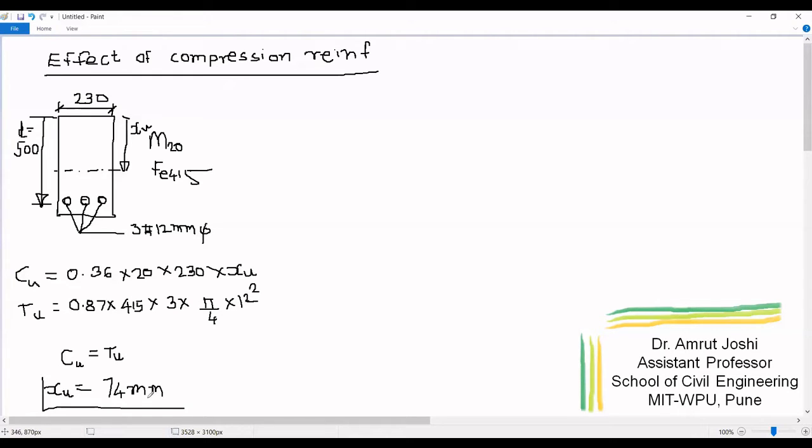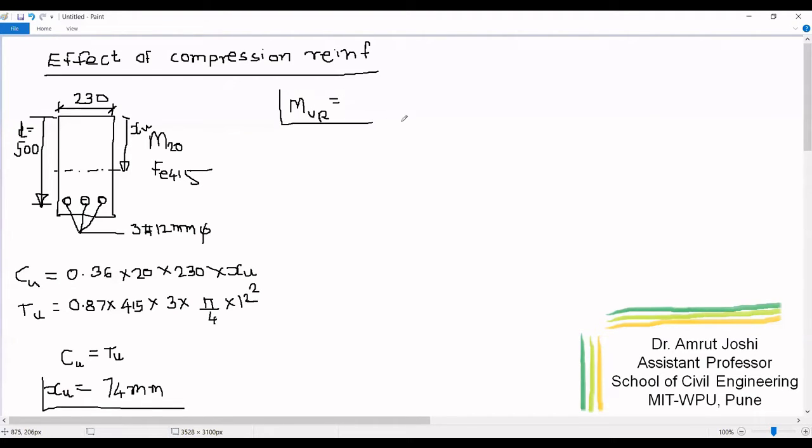Now recall we have already solved this problem earlier. So I am not going to go into every detailed step of the solution. So let us write down what is the value of moment of resistance of this section.